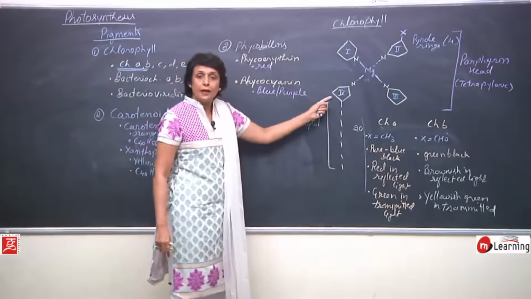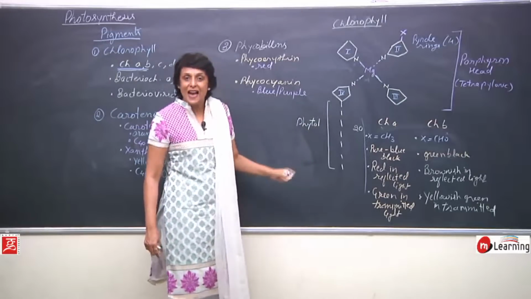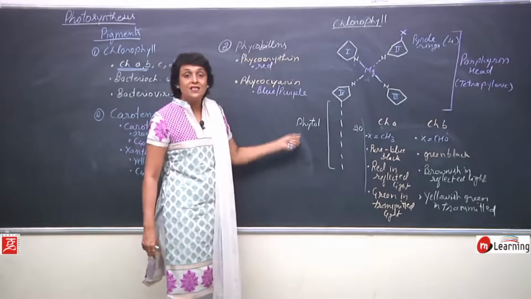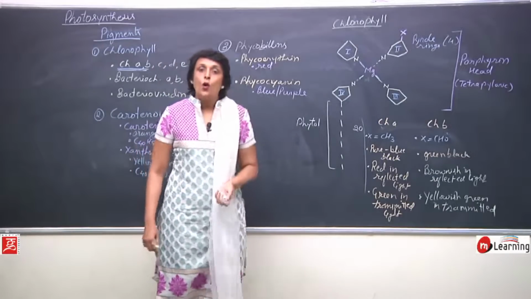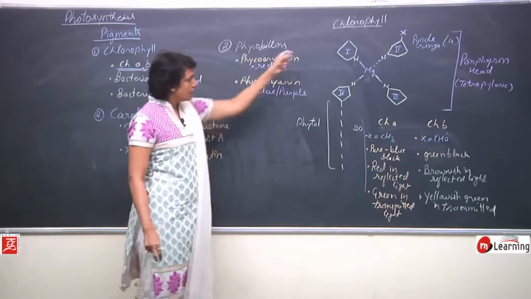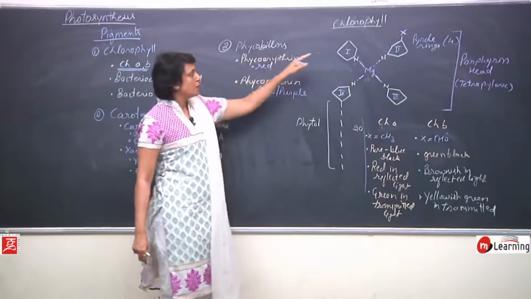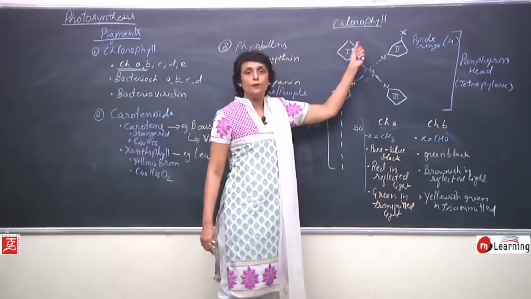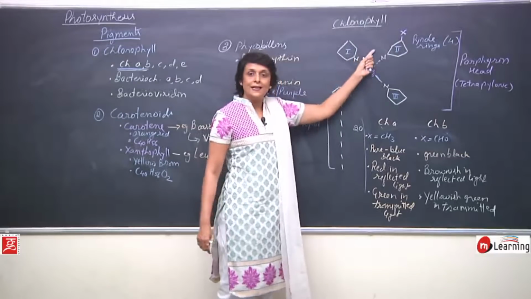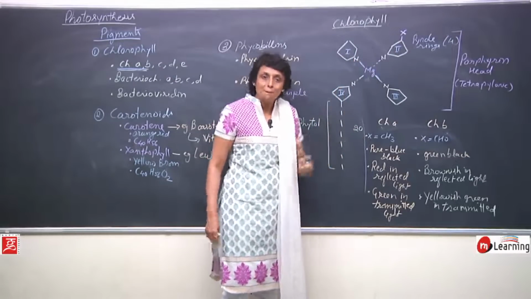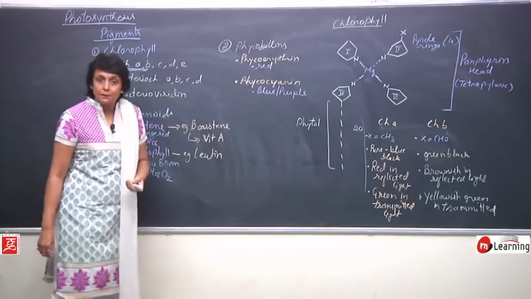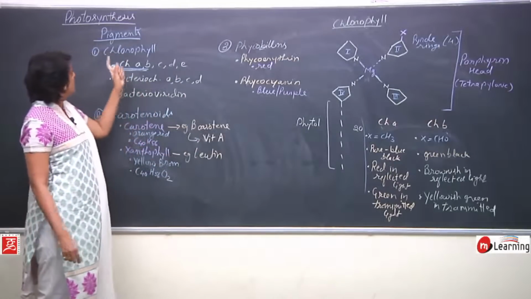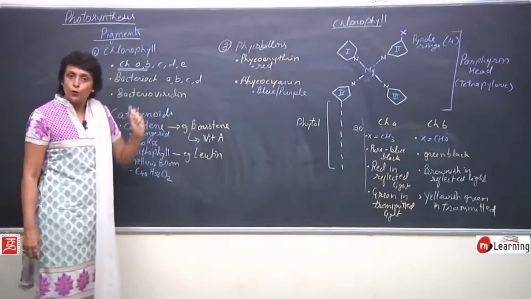The 4th ring is connected to a 20 carbon hydrocarbon chain, which is an alcohol containing hydrocarbon chain, which makes the tail or phytol tail. So this is the structure. If position X has methyl group, it will be chlorophyll A. If it has aldehyde group, it will be chlorophyll B. Other pigments are helping pigments. So we have seen the pigments which help in photosynthesis.